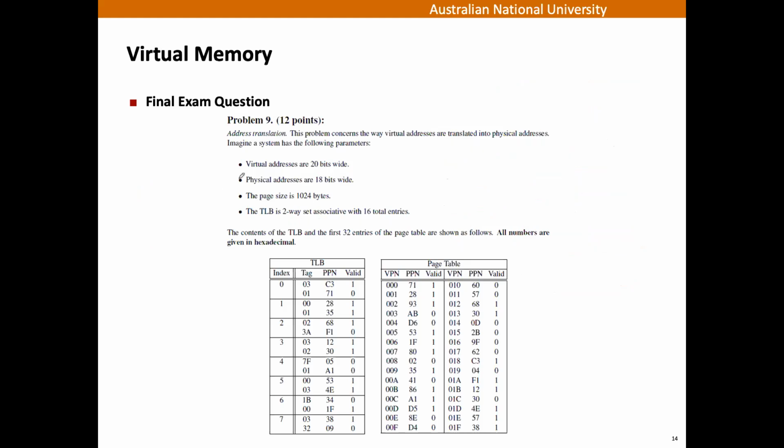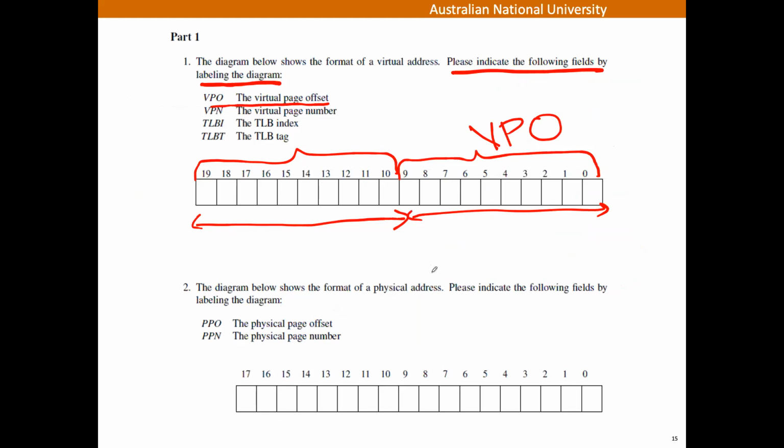So how many bits do I need for indexing the TLB? So these 3 bits are for TLB index, and the remaining bits are for TLB tag. Okay, same idea as in caches, but you're just indexing the TLB by virtual addresses.